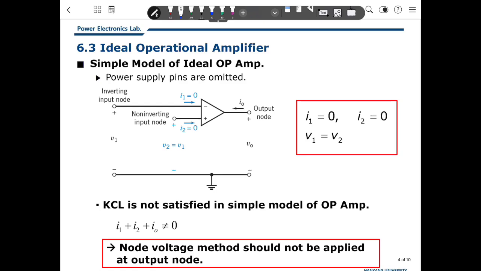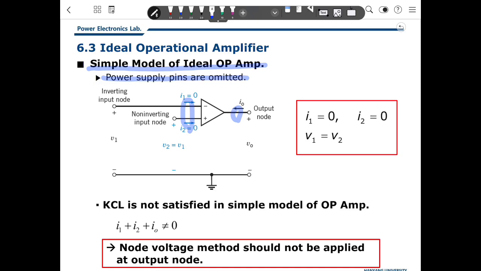So when you solve an electric circuit including the op-amp, we use not the real model but a simple model of the op-amp. What is the simple model? We consider only the signal inputs and output. We ignore the power supply pins.